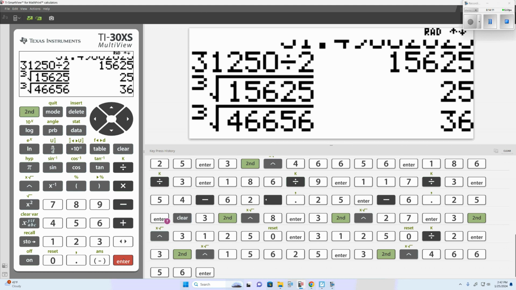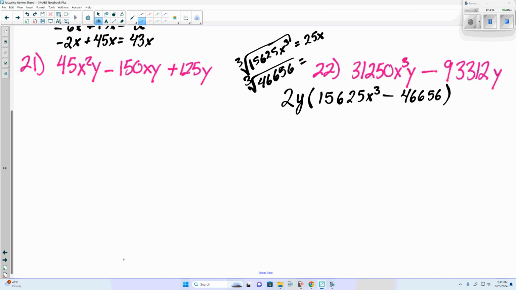It is indeed 36. And we are able to say this is a difference of 2 cubes.